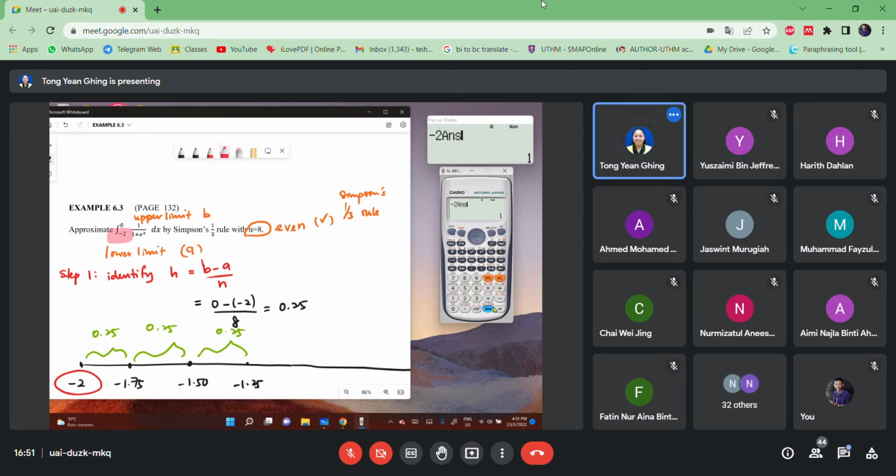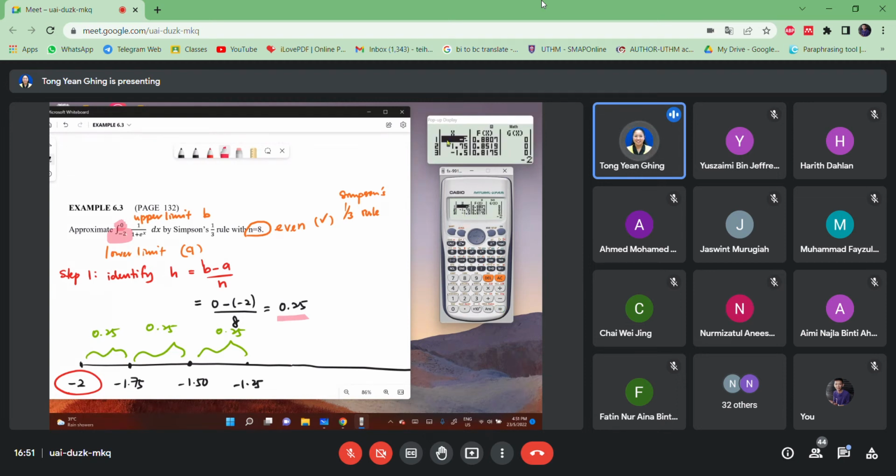The end is the upper limit, 0. The step size we calculated just now is 0.25. Then you press equal, and the table comes out.